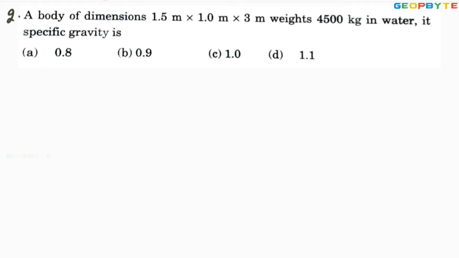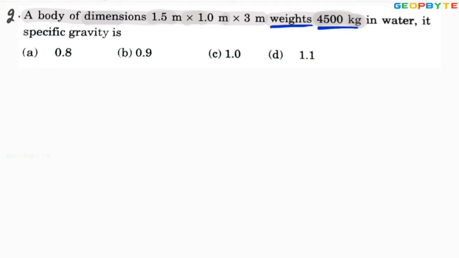Look at the second problem. A body of dimensions 1.5 meter into 1 meter into 3 meter weighs 4500 kg. Look at the unit. 4500 kg means the given value is mass, though it is given as weight.